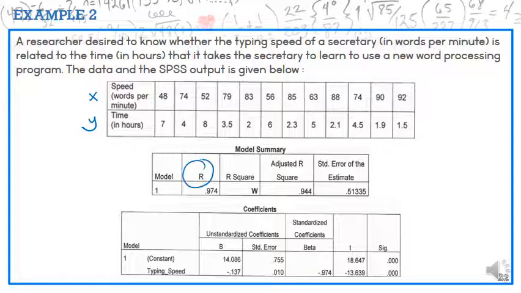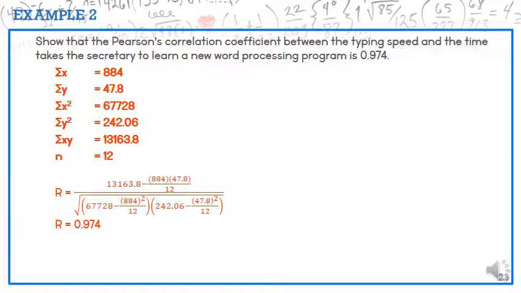This is your R, this is your R squared, this is your A, this is your B. So show that the Pearson correlation coefficient is 0.974.